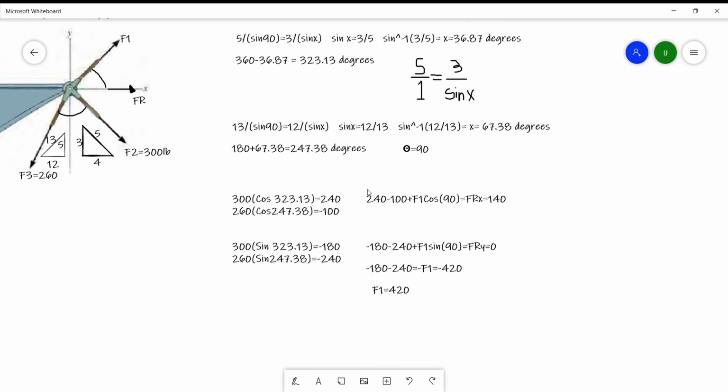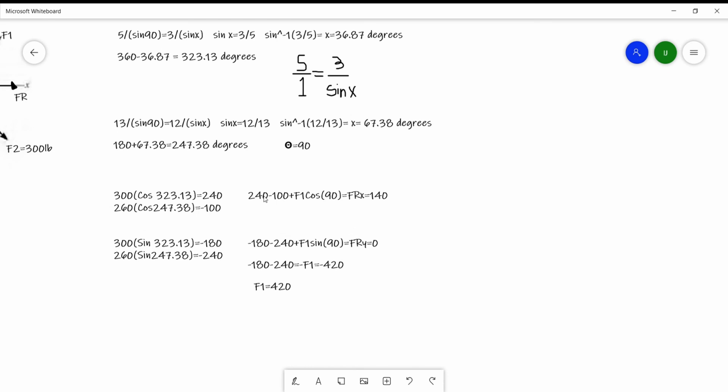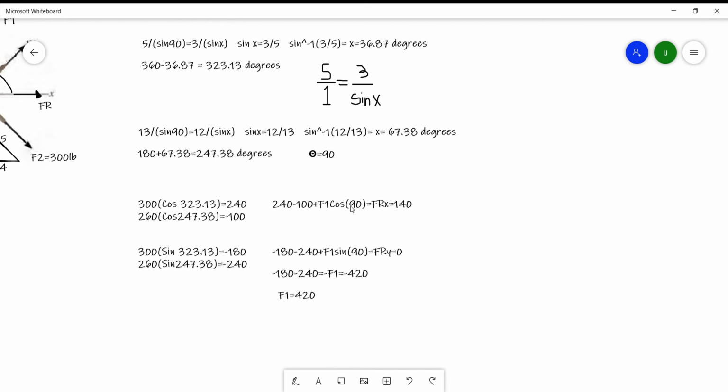Okay, so I'm going to do the summation of all the forces. I'm going to start with the summation alongside the X axis. Okay, so I have 240 plus minus 100 plus F cos of 90, which is going to be 0, and it's going to be multiplied by the force, which in that case any value times 0 is going to be 0, so I don't have to worry about this.